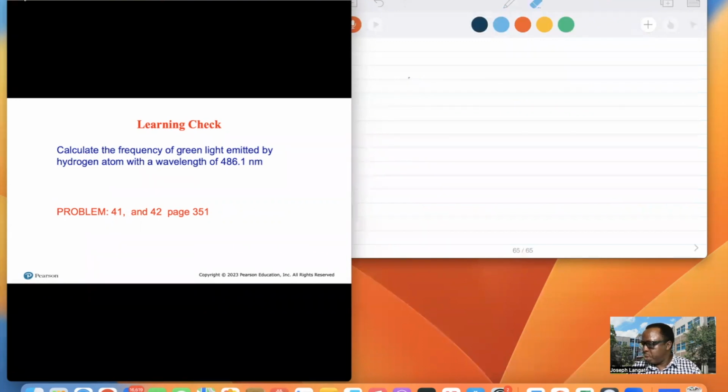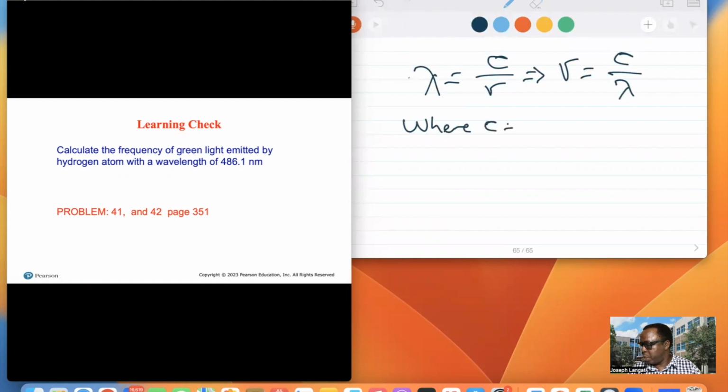First of all, wavelength is given by c over frequency, which means frequency, nu, is given by c over wavelength, where c is 3.00 times 10 raised to 8 meters per second.